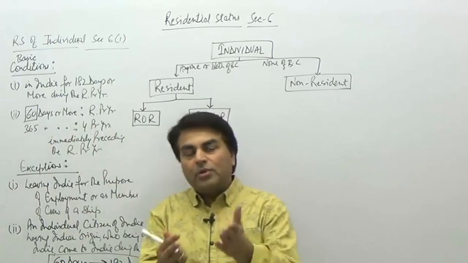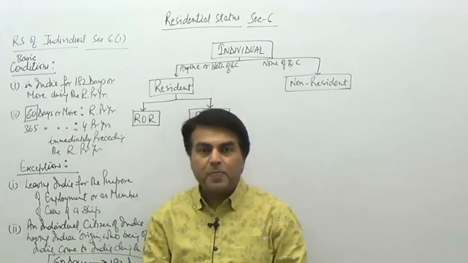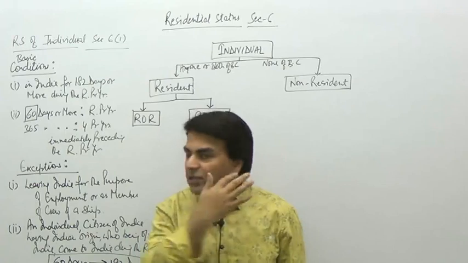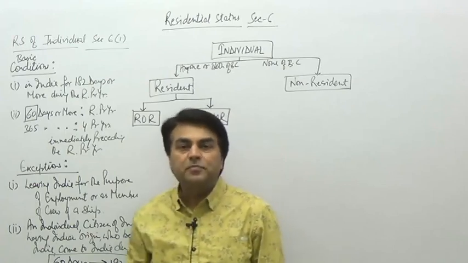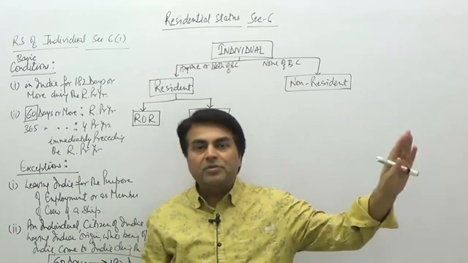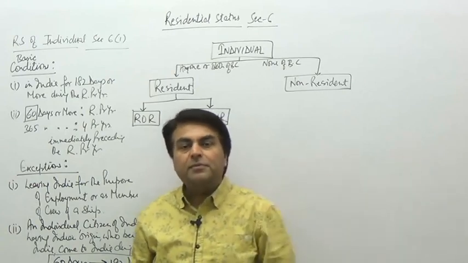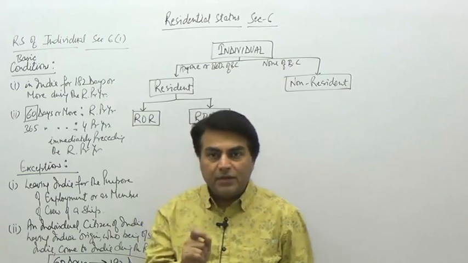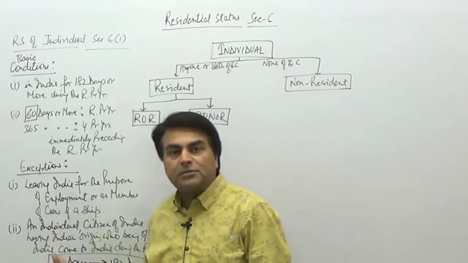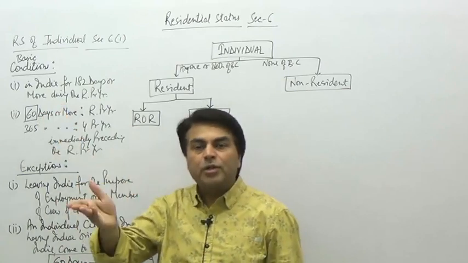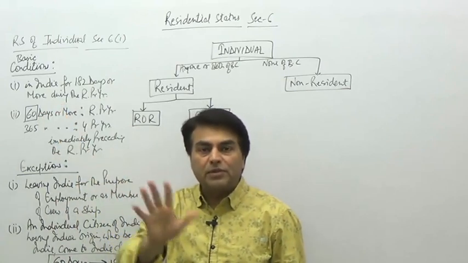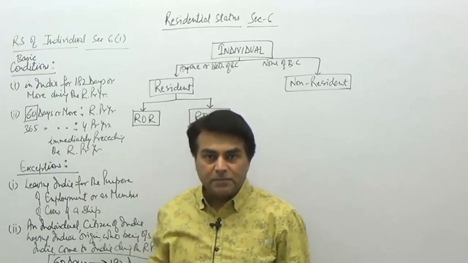Now there is another individual Y. In case of Y, he is again in India during the relevant previous year for 70 days, and in the last 4 previous years he was in India full time. But since Y has got covered under exceptions, for him the first basic condition, 182 days, is not fulfilled because he was in India only for 70 days.